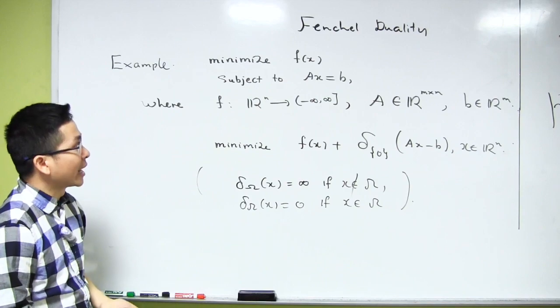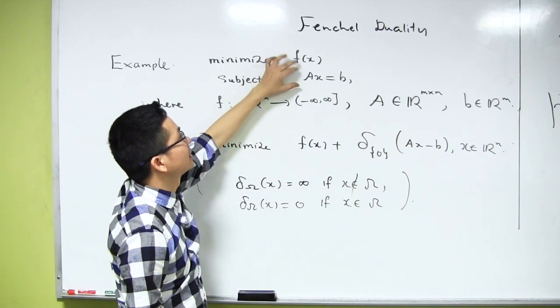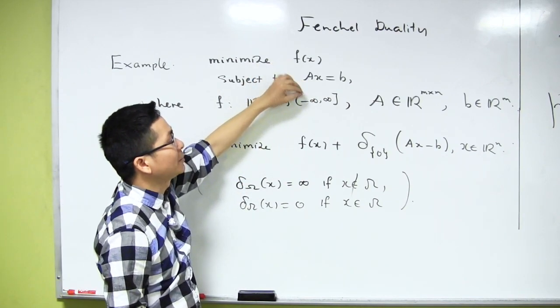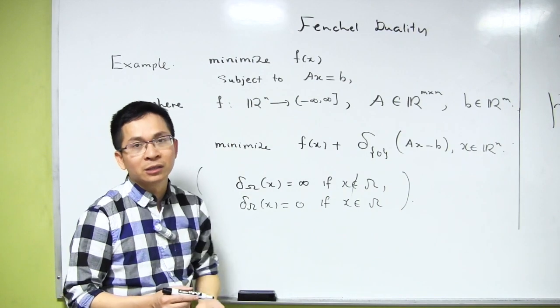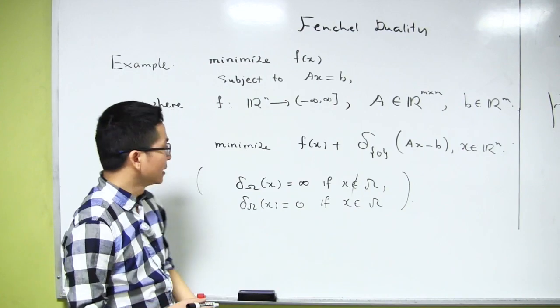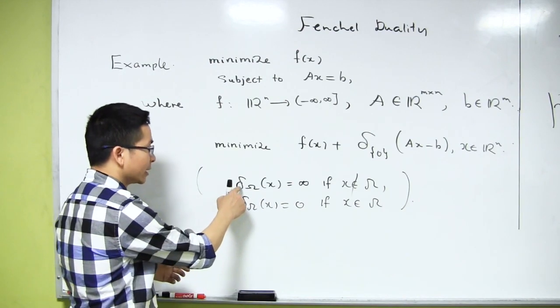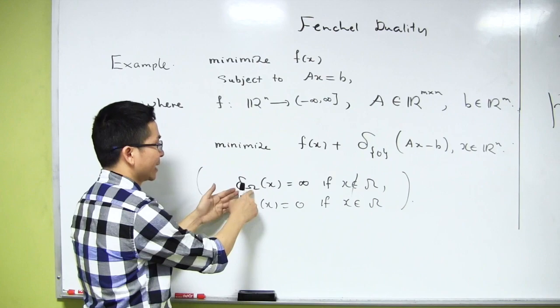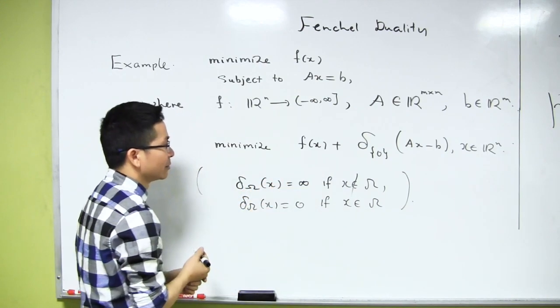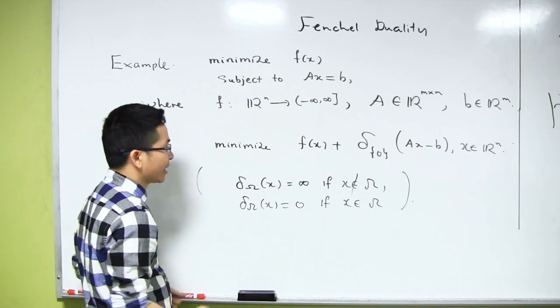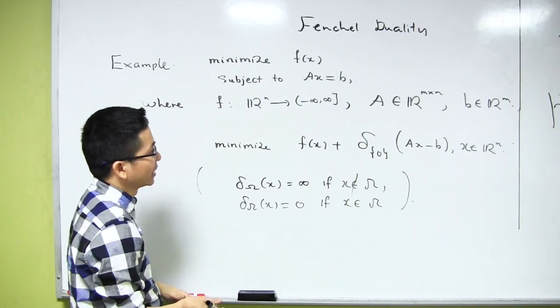So our idea is to convert this constrained optimization problem to an unconstrained optimization problem using the so-called indicator function. Recall that this is the indicator function associated with omega: delta omega of x is infinity if x doesn't belong to omega, and delta omega of x is 0 if x is in omega.